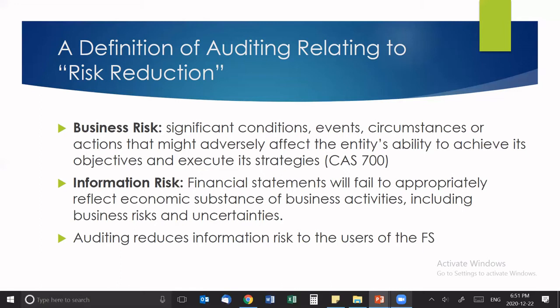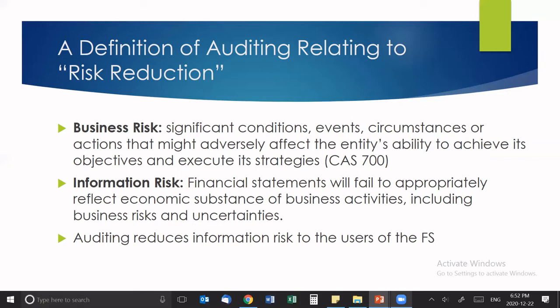We also have information risk. Information risk is the risk that the financial statements will not reflect the economic substance of the business activities. For example, if the business had a going concern risk, the information risk is that the financial statements won't show that going concern risk.